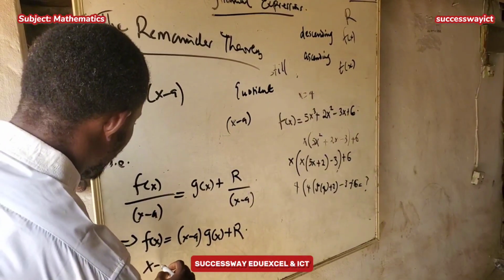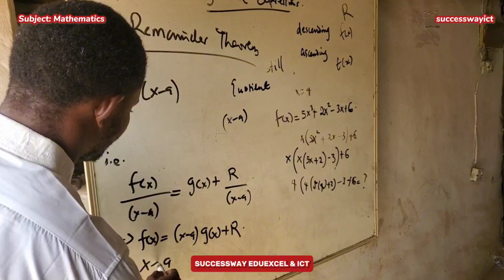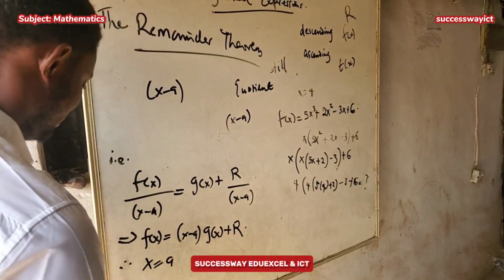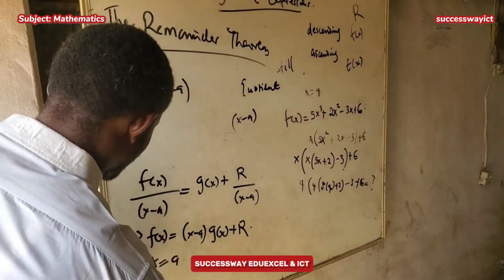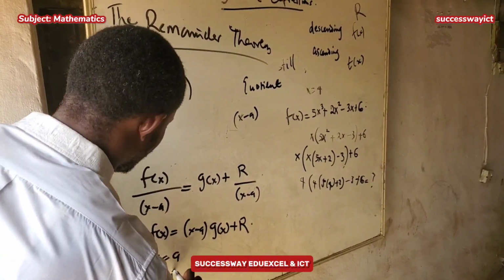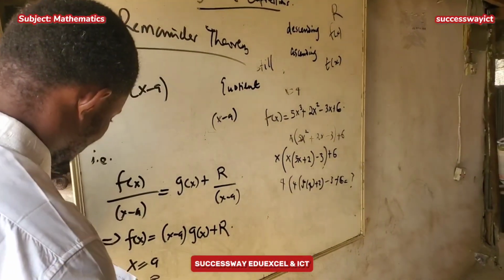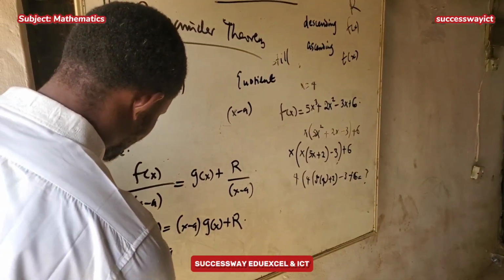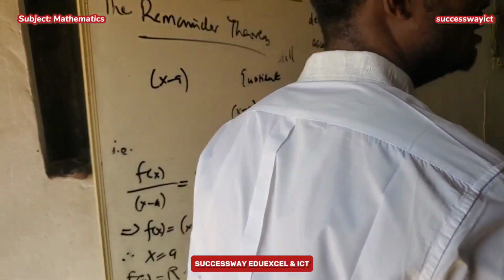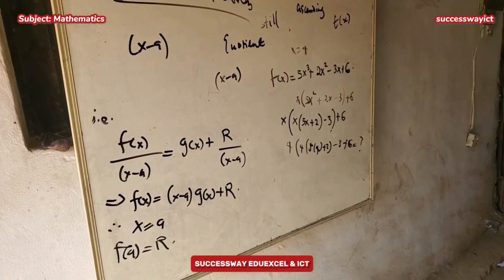Therefore, when x is equal to a, f of a is equal to r. Example.